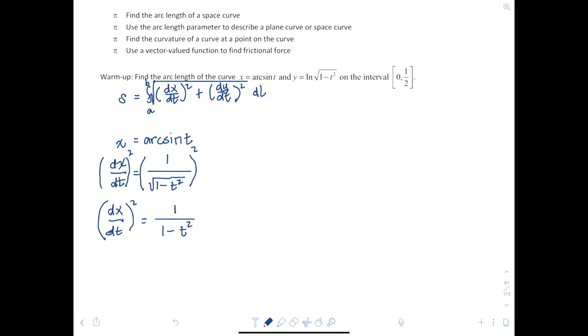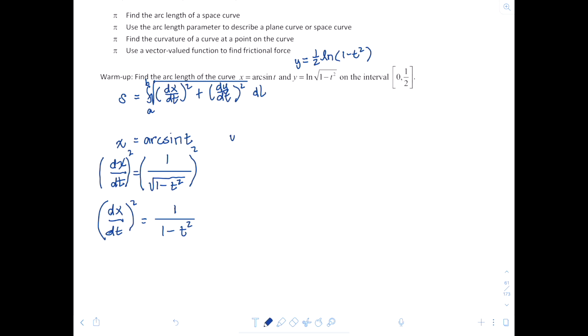Now, remember that y is equivalent to 1/2 natural log of quantity 1 minus t squared, using the power rule for logs. We're basically unsimplifying the log, expanding it.